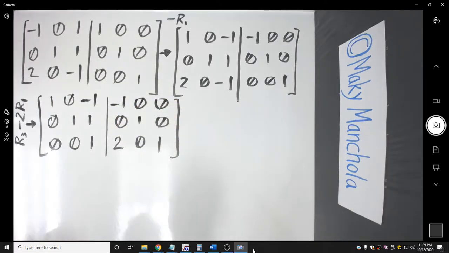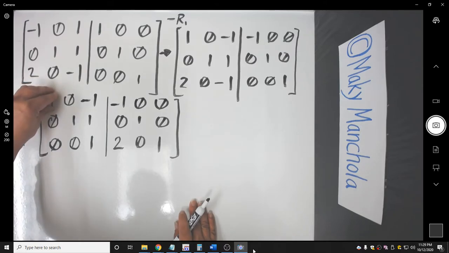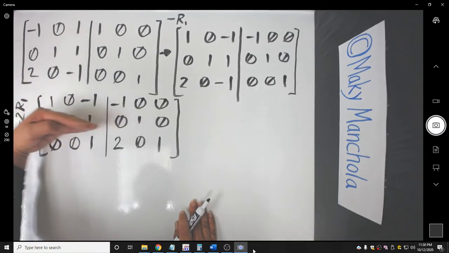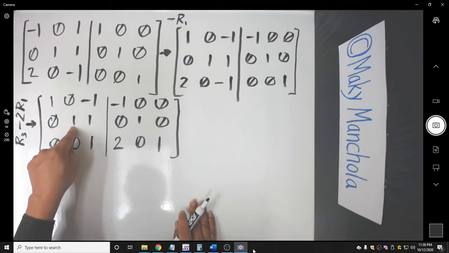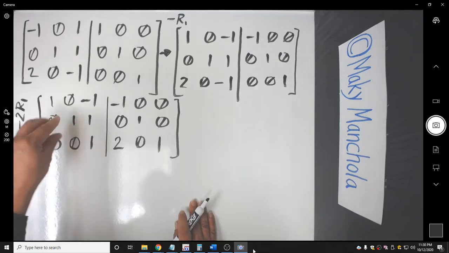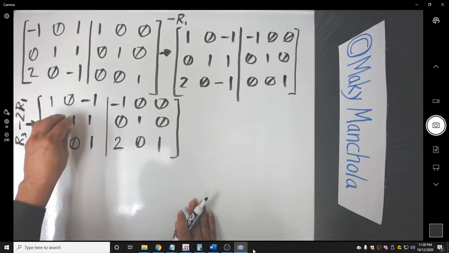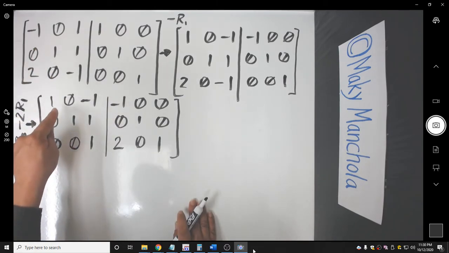Okay, next, once you've used the first pivot to eliminate every other non-zero entry in that column, you go to the next row. The first non-zero entry of that row, you will make it a 1. In this case, it is already a 1. Next, you will utilize that new pivot to eliminate every other non-zero entry in the column of that pivot. In this case, that's already done.